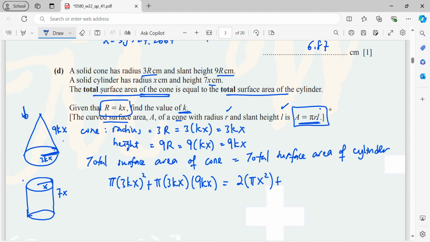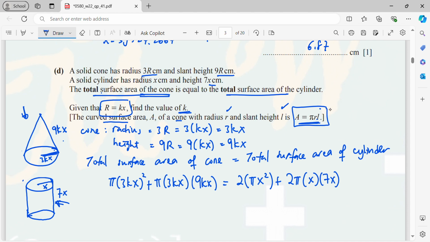Plus, the area of the body, that is 2 pi rh. So 2 pi, the r is x, then the h is 7x.